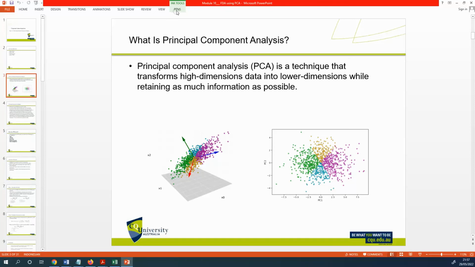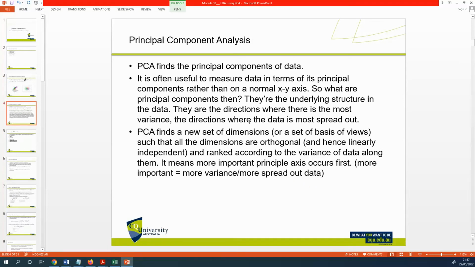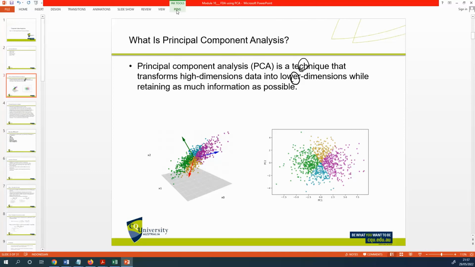Alright, so what is principal component analysis? Principal component analysis or PCA is a technique that transforms high dimensions data into lower dimensions while retaining as much information as possible. So basically, the concept is when we have high dimension data, let's say around 20 dimensions.